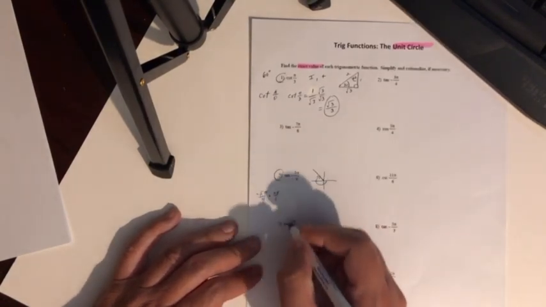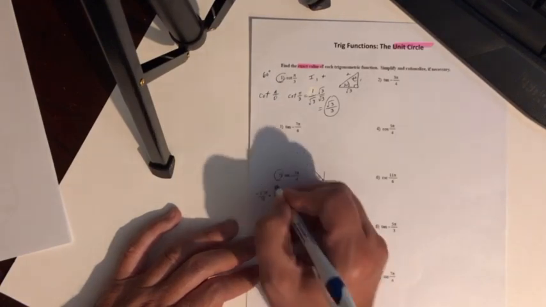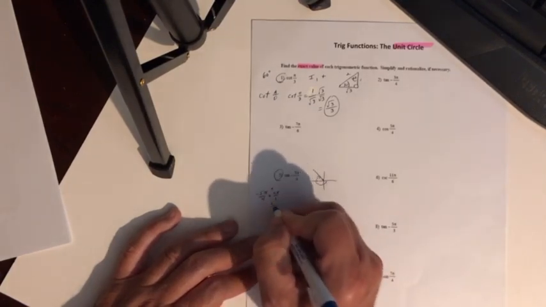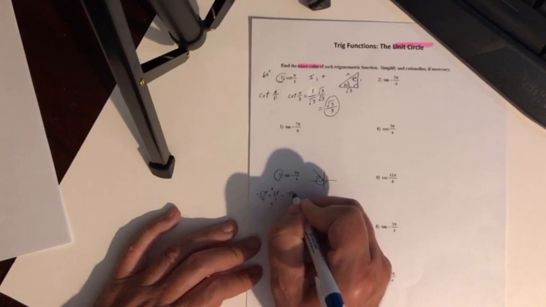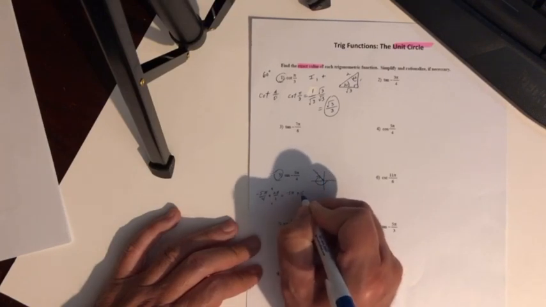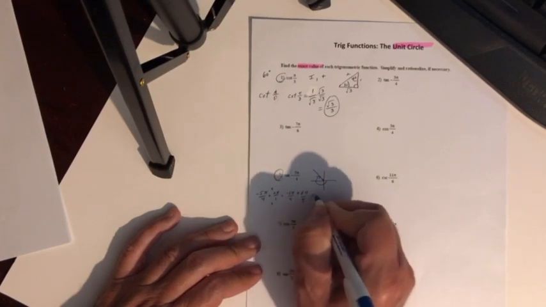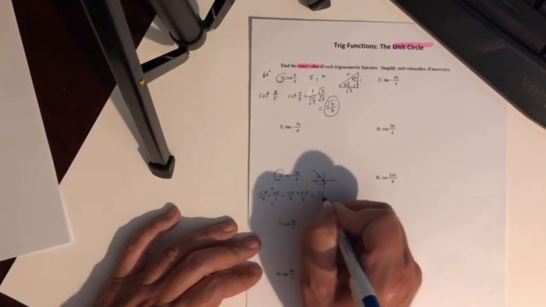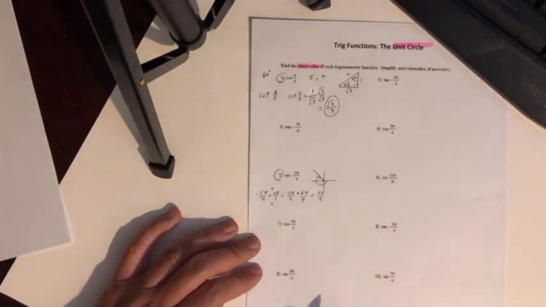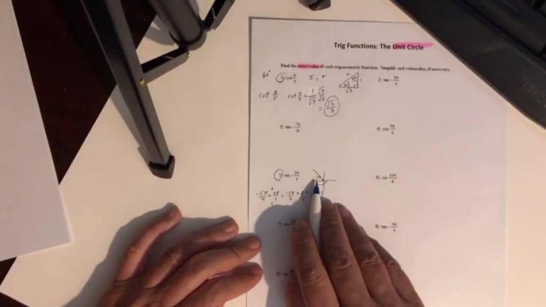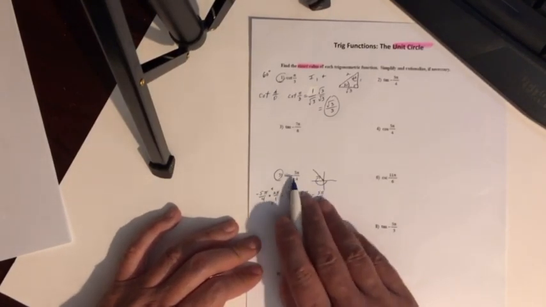Multiply top and bottom, right, by 4. So now I have -5π plus 8π/4, which gives me 3π/4. Okay, now remember, this is in quadrant 2.